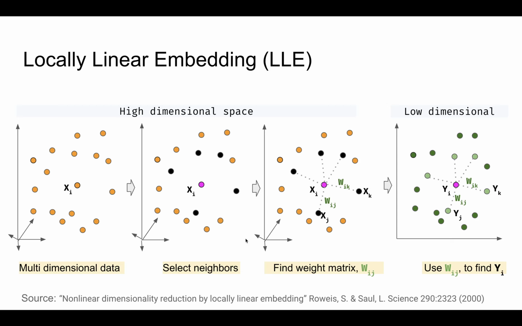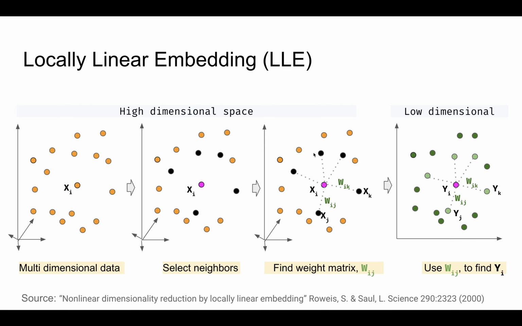As you can see, there are several axes here. Then once we have the weight matrix W, when we map it to a low dimensional space, or embed it to a low dimensional space as shown here on the rightmost side, we use that particular weight matrix to find the neighbors.